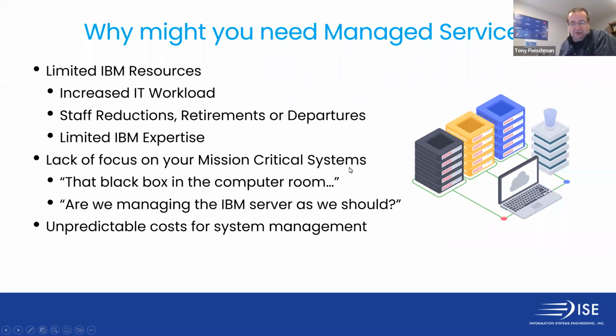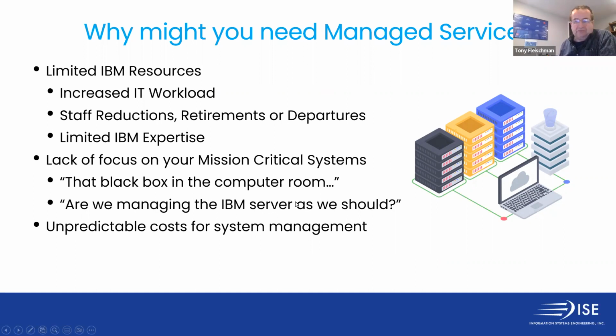We'll hear our customers at times talk about that black box in the computer room. Literally, they know very little about that IBM server that's sitting there running their business all day, every day. It just chugs along. The good news is it's a black box that keeps chugging along and doing everything it does. The bad news is sometimes there's very little knowledge about that system. And it leads to this question right here of, are we managing the IBM server as we should?